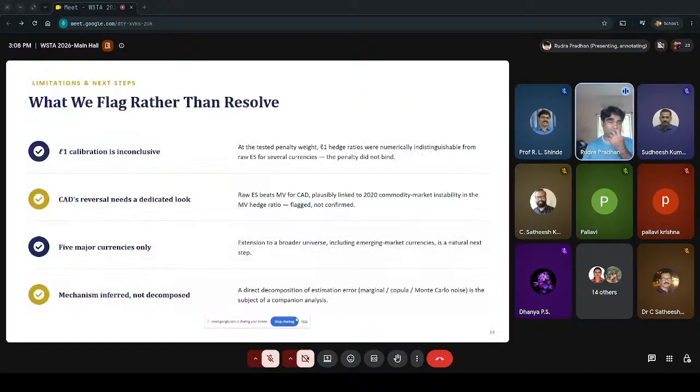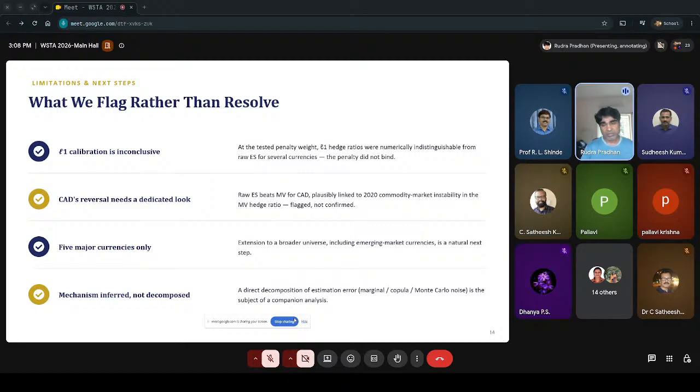Okay, so coming to the comparison with findings and the kind of approach. I cannot say that it's a perfect study. The study itself, like other papers, also has limitations. The first limitation is that we have taken a time frame of 1 year. The second limitation is that we have selected 5 major currencies.